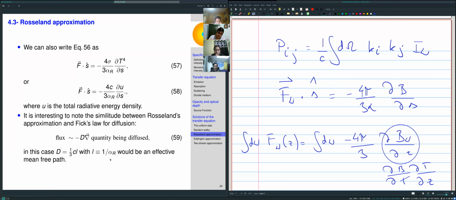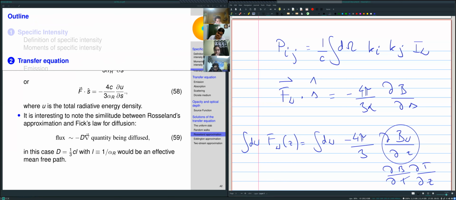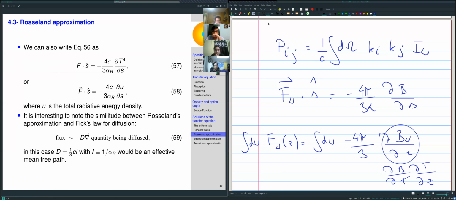So inside a star, here in this logo I have on my presentation, you have a hot inner region, and the photons scatter all the way out to the surface. So instead of doing all the details of this random walk, we use the Rosseland approximation, where the energy density is being transported outwards by photons.